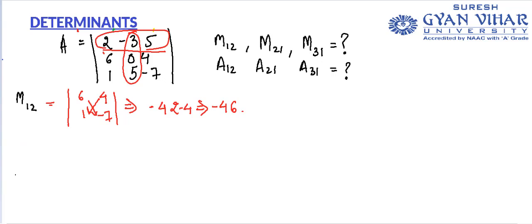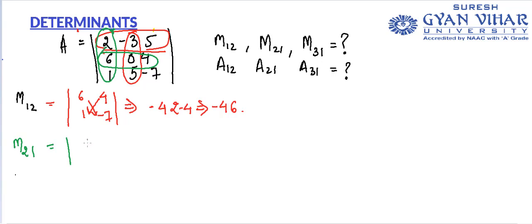Similarly, let's take the second, M21. So it would be second row, and first column. You have to eliminate these two and write the remaining.